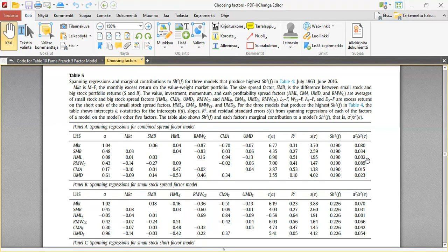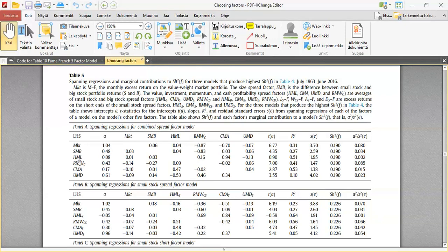And this means also that the marginal contribution to the model's maximum squared Sharpe ratio, which is 0.002, is insignificant, because the t-statistic of 0.9 tells us that this point estimate of 0.08 is statistically not different from 0.